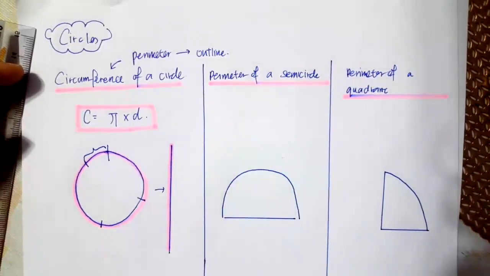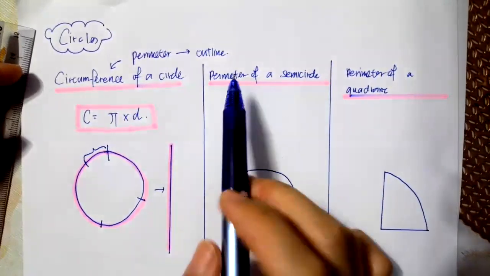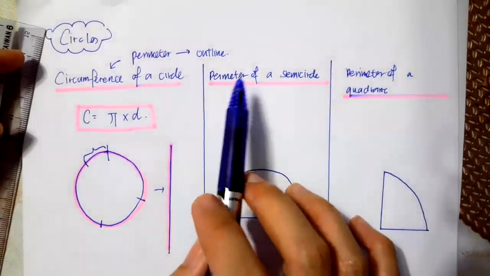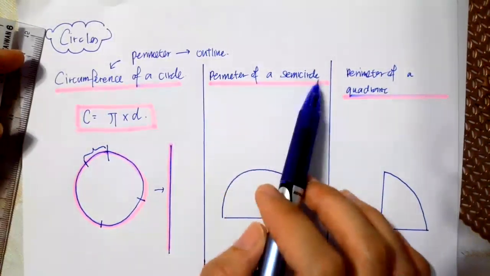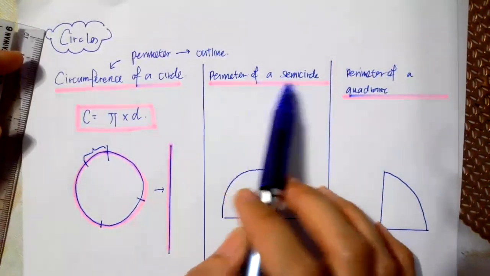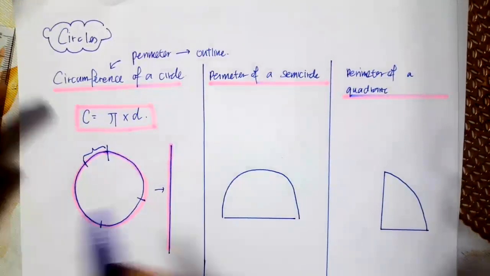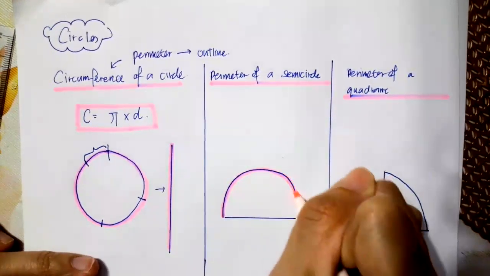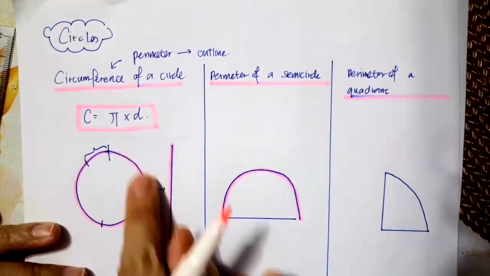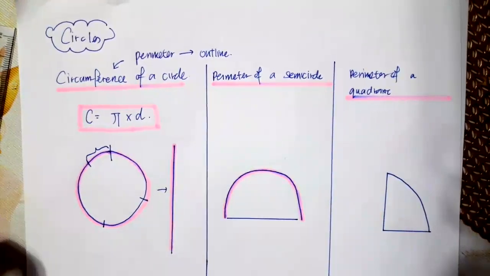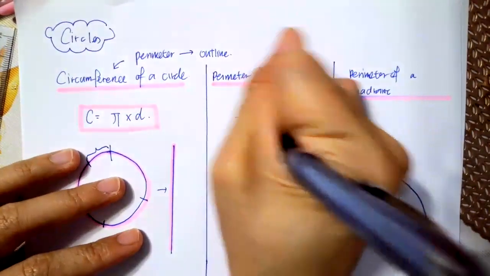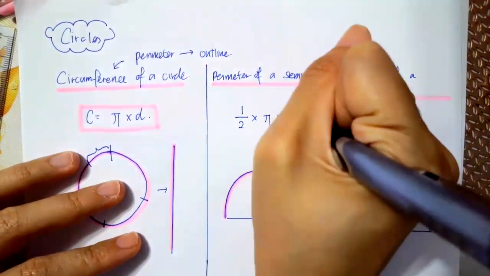All right, now next. If I'm finding the semicircle, I don't use the word circumference anymore. I use perimeter of a semicircle. A semicircle is half of a full circle. Half only. So to find the pink one, it's half pi d.